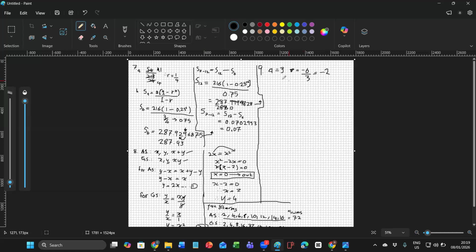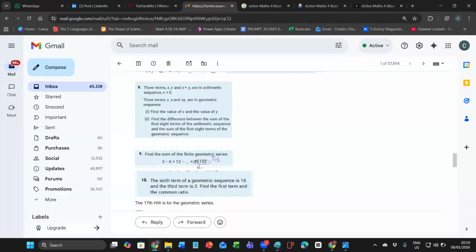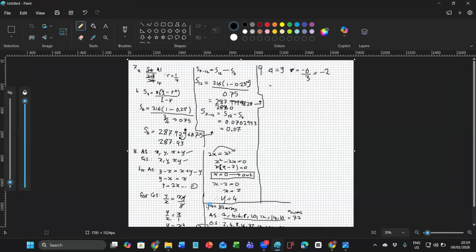Now we have concluded this. Remember, when you have a common ratio that's less than one, right? The sum, is that what they're even asking for? Yes, the sum.